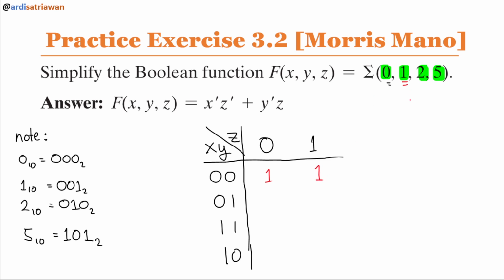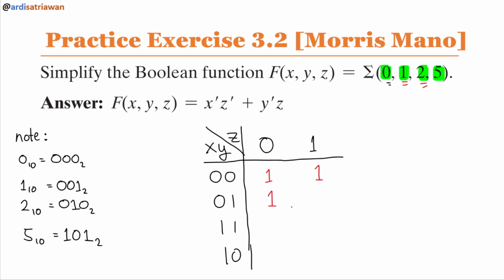Next we need to plug in the 2. 2 is 010 in binary. So we will need to read it from the left and then to the top. So we'll have 0, 1, 0. So the intersection is in this one. So for the 2, we plug in the 1 here.